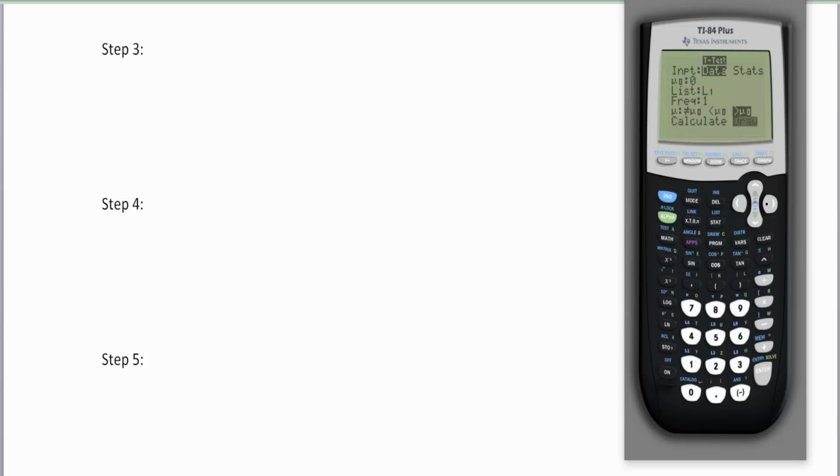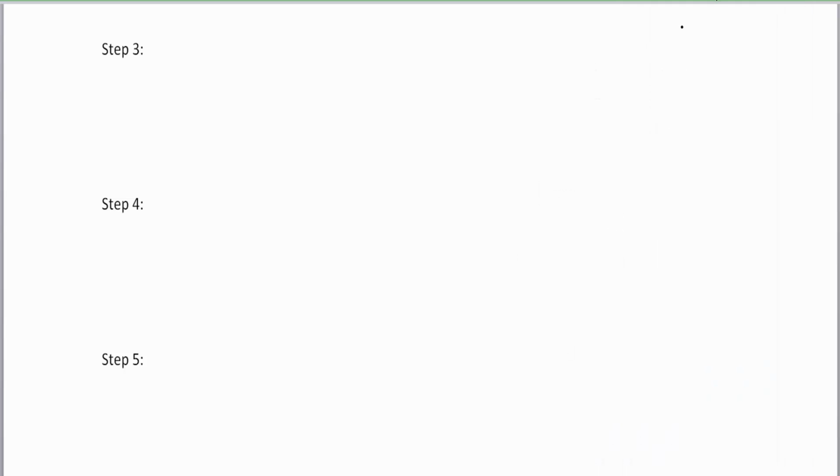And we're going to go down to draw because not only does this give us the t-value and the p-value, it also gives us that beautiful t-curve. So, looks like our t-value is 1.1708 and our p-value is a whopping 14%.